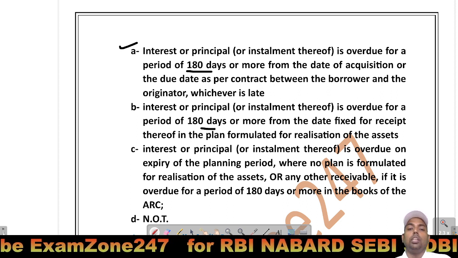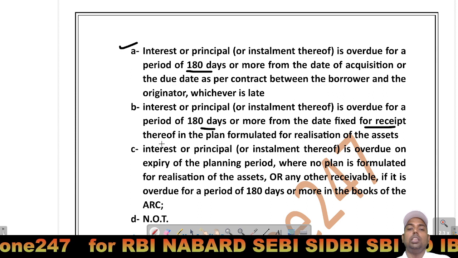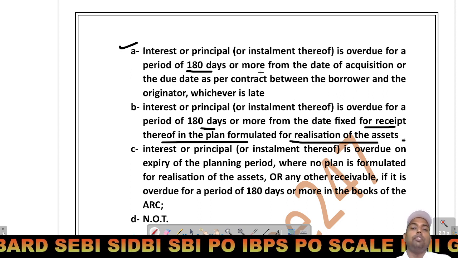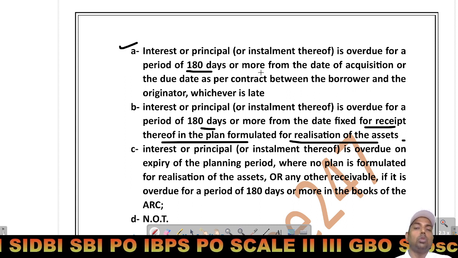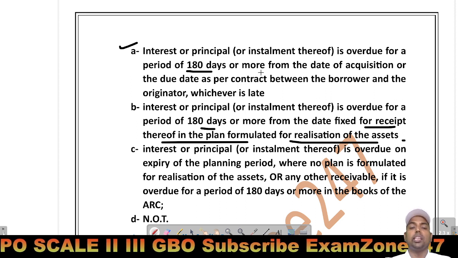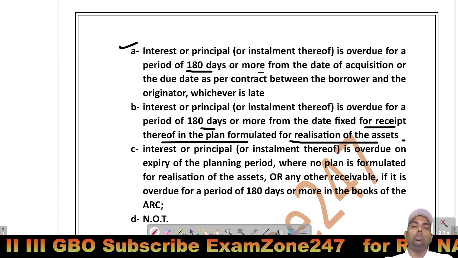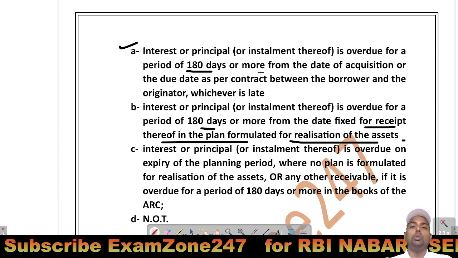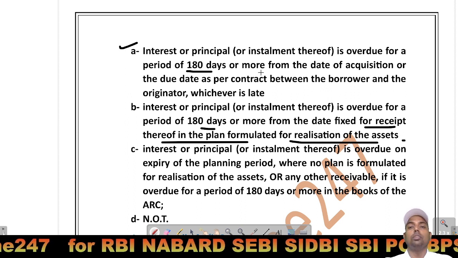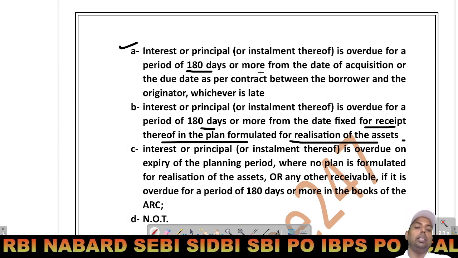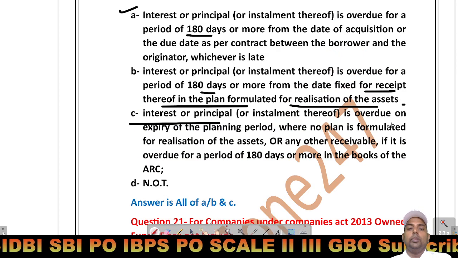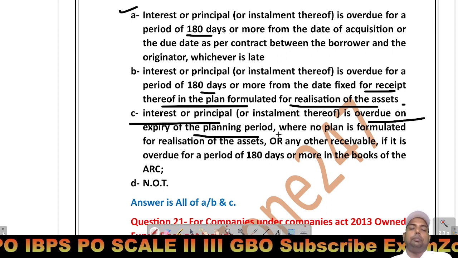Interest for a period of 180 days or more than the date fixed for receipt as per the plan formulated for assets. Either from the date of acquisition, if no income comes for 180 days from interest and principal of the pool of assets, then that will be treated as NPA. Or if the asset recovery plan's due date starts, say, after 2 months, then it will be counted from after the 2 months. Okay, then it may be A or B. And C, interest or principal is overdue on an expiry date of the planning period.